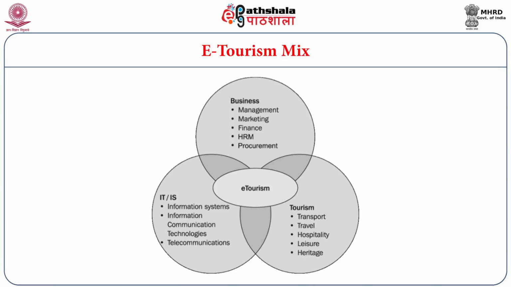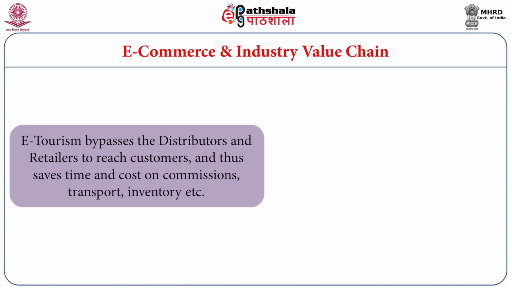So business functions such as management, marketing, finance, HRM, procurement, these are all the different functions of business, which when combined with a tourism operator or tourism industry, which has transport, travel, hospitality, leisure, catering, when all these are performed using information and communication technologies such as information systems, ICT technologies, telecommunications such as internet, this combination altogether forms the e-tourism. Let us briefly discuss the e-commerce and industry value chain and how it benefits the end customer.